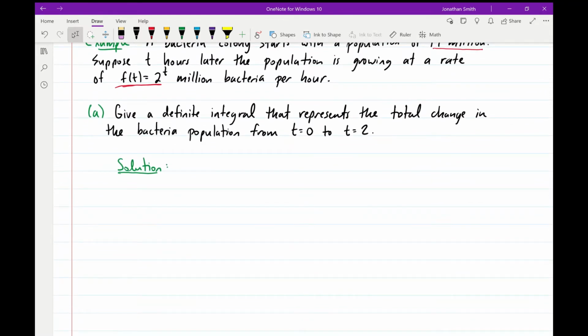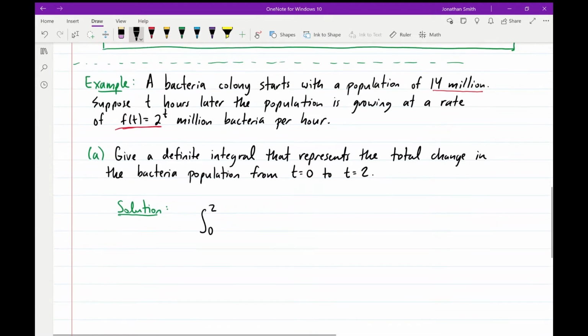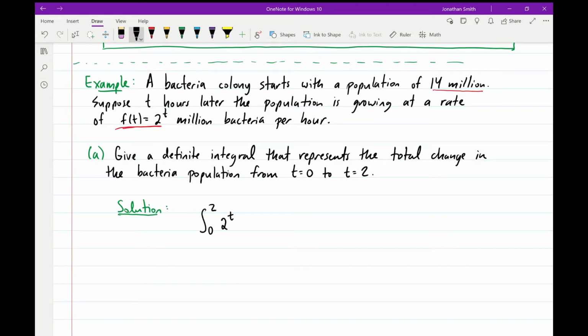So if we want to find the total change in the bacteria population, then we can take the definite integral from t equals 0 to t equals 2 of the rate of change function, which is f of t equals 2 to the t. So we have the integral of 2 to the t dt.